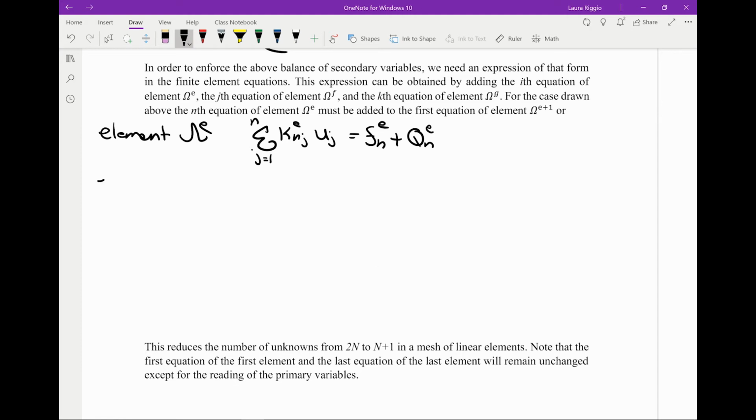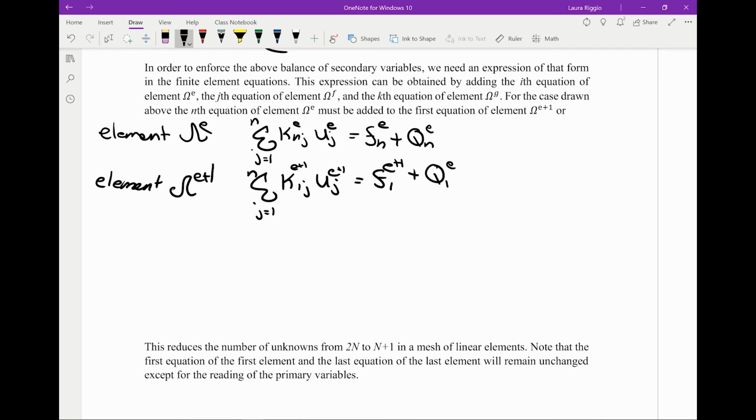And then for element E plus 1, this is the sum from j equals 1 to n of K1j U(E+1)j equals F1 of E plus 1. So I want to add them.